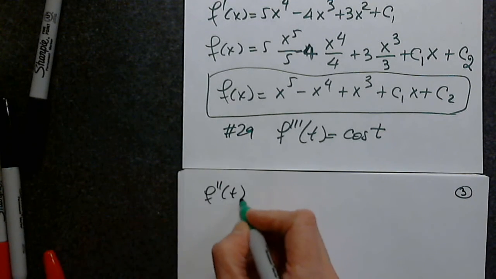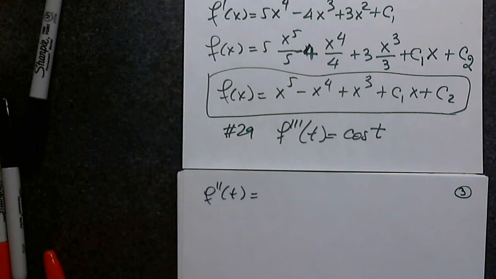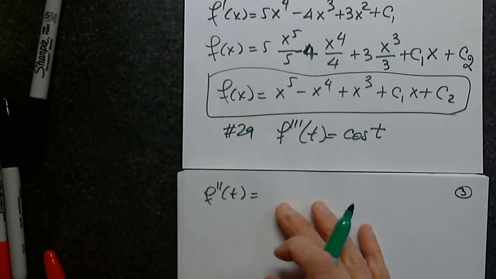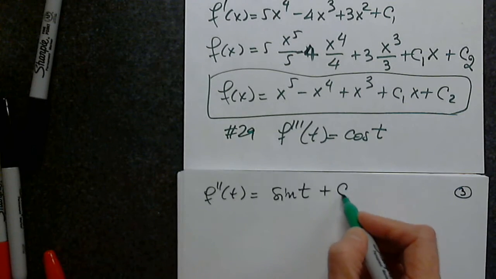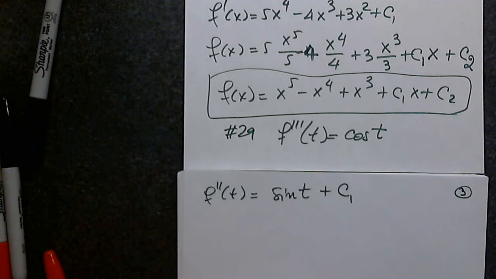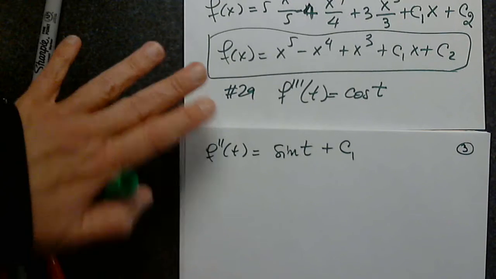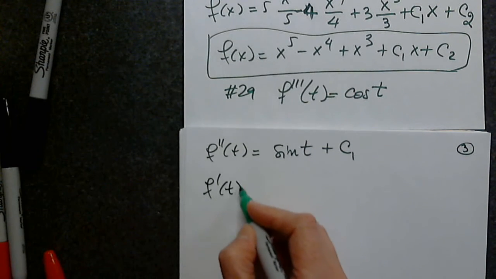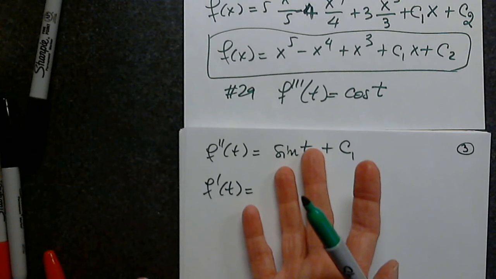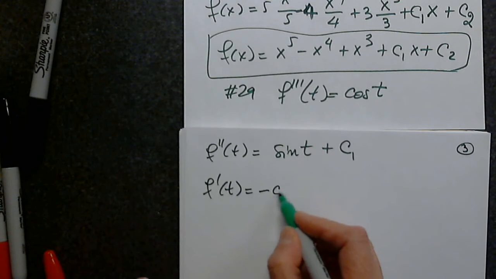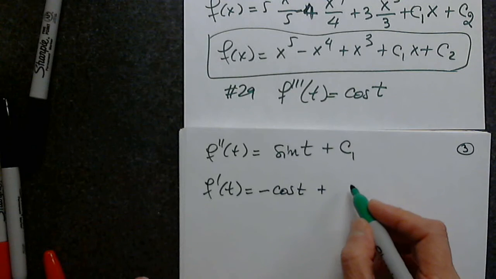F double prime of t is the function that we differentiate to get that. Very good. So sine t plus a constant C1. Now I need f prime. What function prime is sine t? Plus.